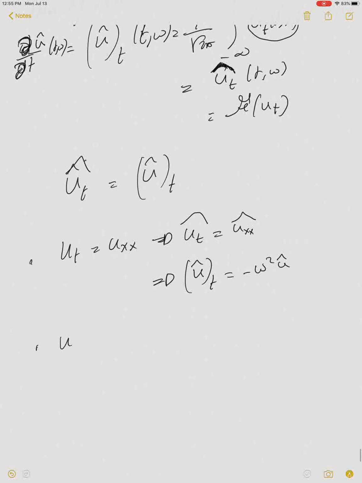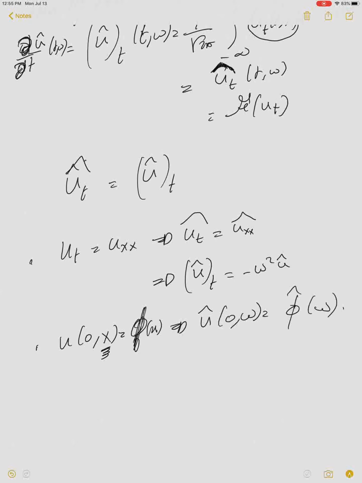Okay. Now u(0,x) equal phi of x. This implies, applying Fourier transform with respect to x, u hat at 0 omega, with phi of x, will be phi hat of omega.